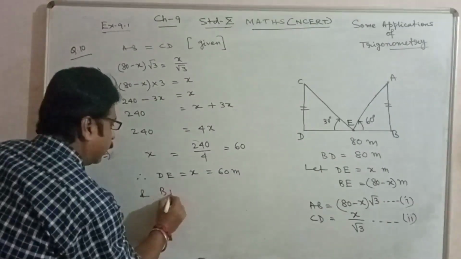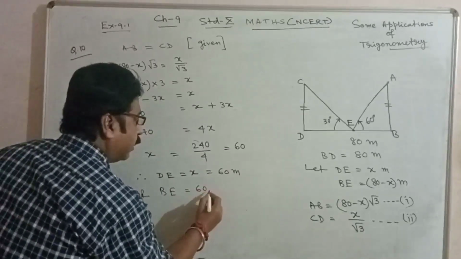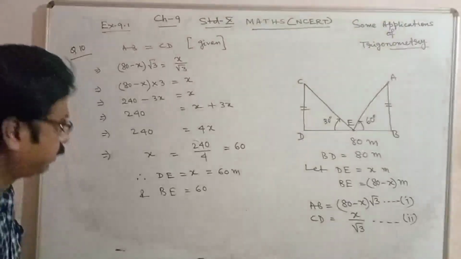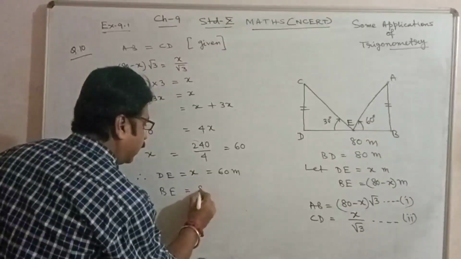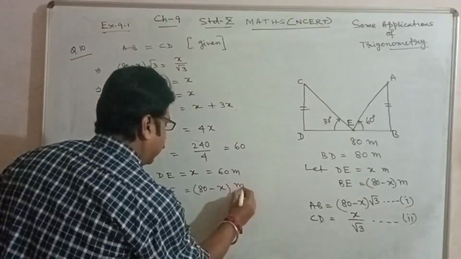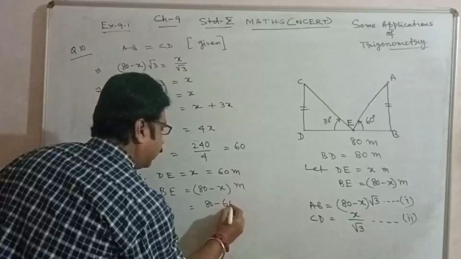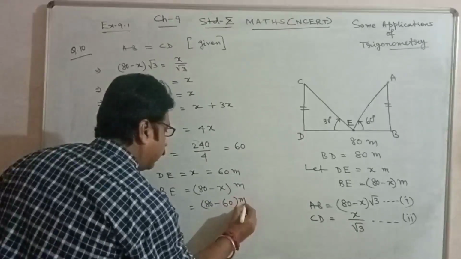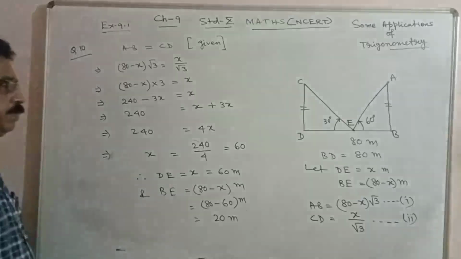BE is 80 minus x meter, means 80 minus 60 is 20 meter.